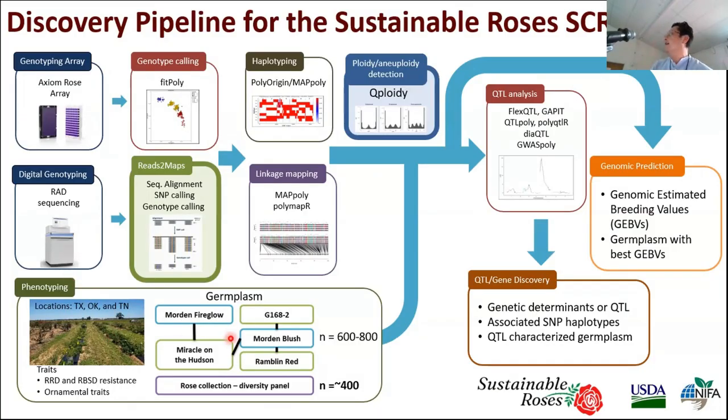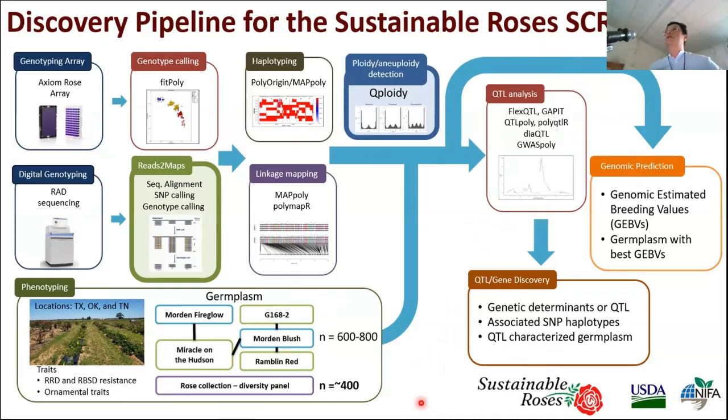And again, we'll take data from all these materials, we'll run them through QPloidy to make sure the ploidy is right, we'll make sure there's no aneuploidy, and then we'll run it through our pipelines to eventually do QTL discovery, leading to, of course, an understanding of the genetic basis of these traits, and then also through genomic prediction to look at genome estimated breeding values, which is something I'm going to discuss in a bit more detail later on, how and why we'd like to do that, okay?